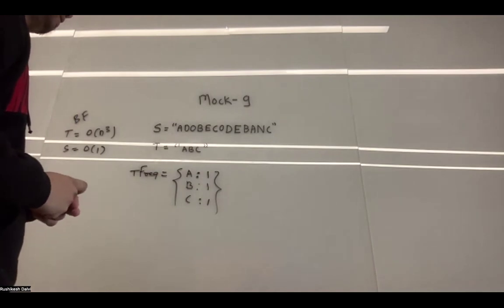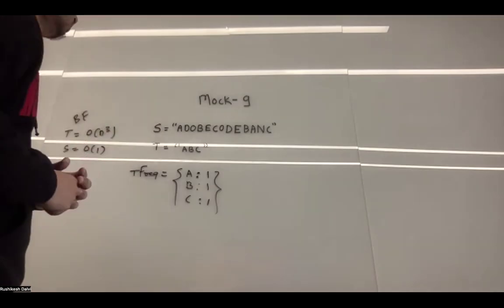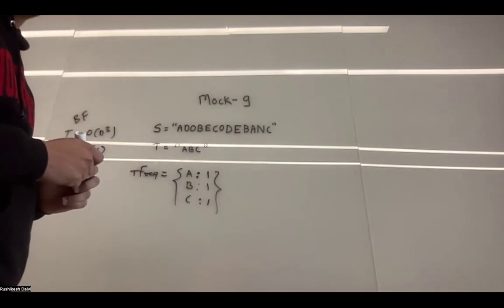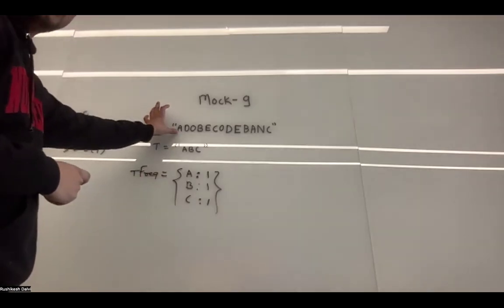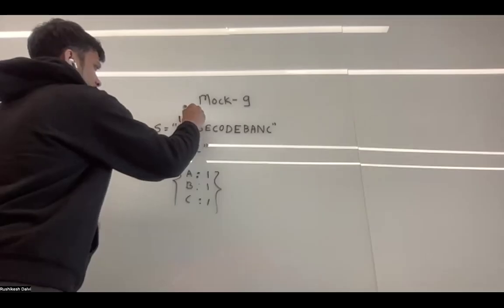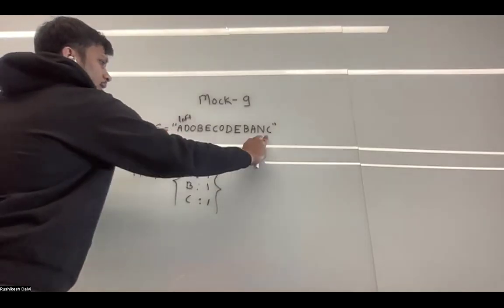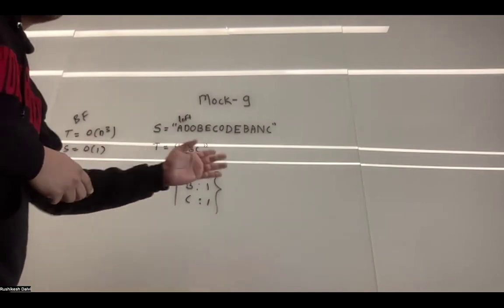And on the bigger string, that is the S string, I can apply the two pointer approach. So what are those two pointers? My left pointer will start from here, and my right pointer will traverse through the whole string.